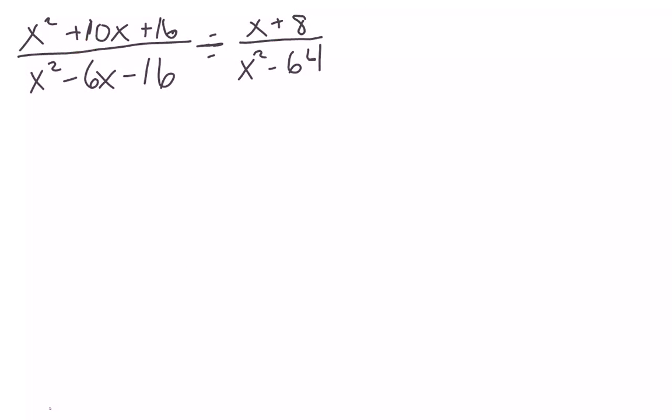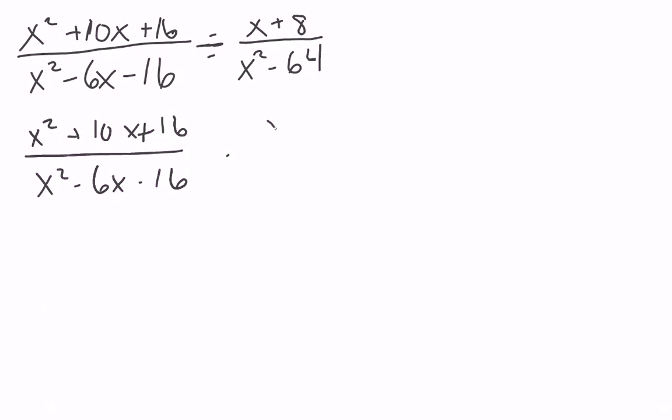All right, now with division, pretty much everyone remembered that the first thing I need to do is change it to a multiplication problem. So (x squared + 10x + 16) over (x squared - 6x - 16) times (x squared - 64) over (x + 8), and then we factored, and overall, I think we did pretty well on this problem.